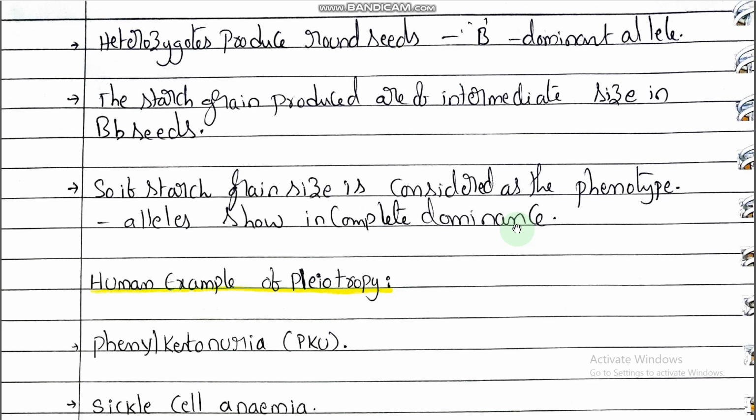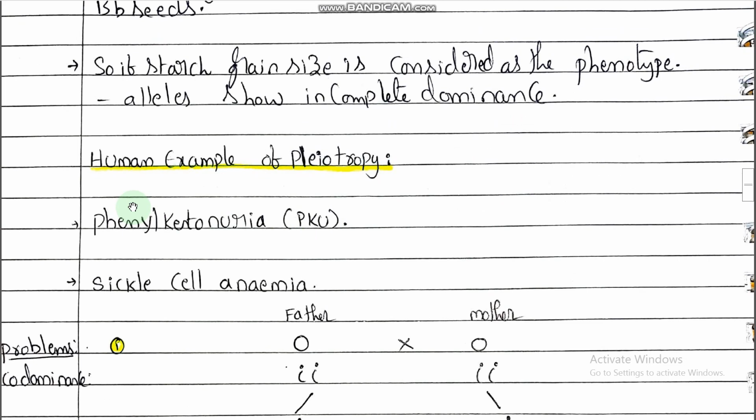Next, what are other examples of pleiotropy in humans? Till now we discussed pleiotropy examples in the pea plant. In humans, the examples are phenylketonuria, PKU, and sickle cell anemia.